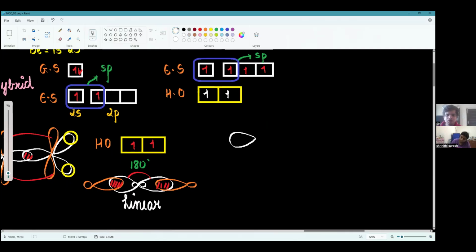So again draw those sp orbitals. The first orbital, enlarge it. Right. Got it. Just do it.